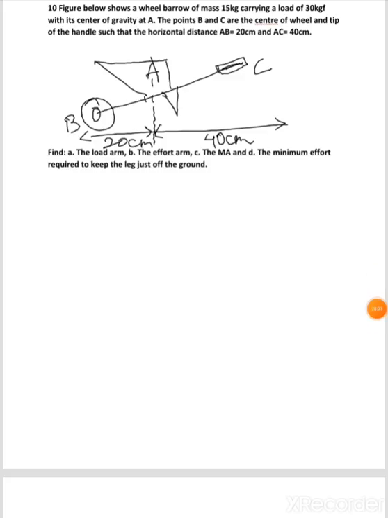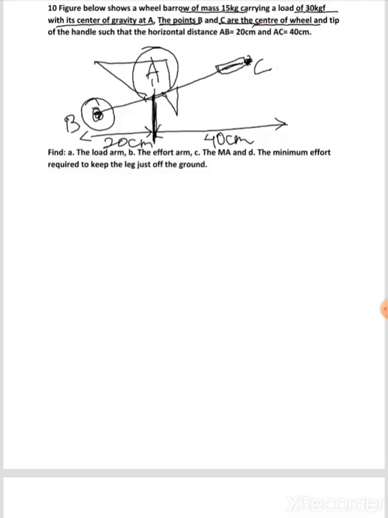Now we go to question number 10. The figure below shows a wheelbarrow of mass 15 kilogram carrying a load of 30 kgf with the center of gravity at A. This is the center of gravity, the point at which it gets balanced. The points B and C are the center of the wheel and tip of the handle.